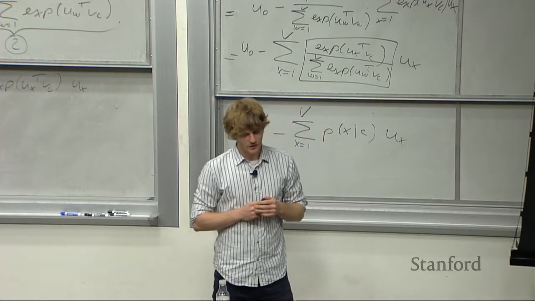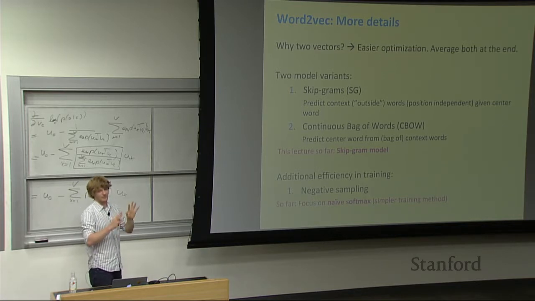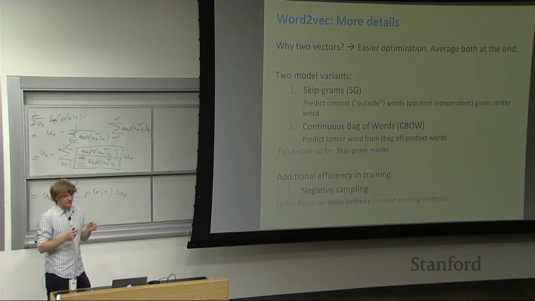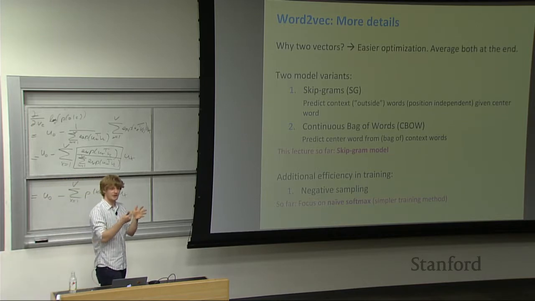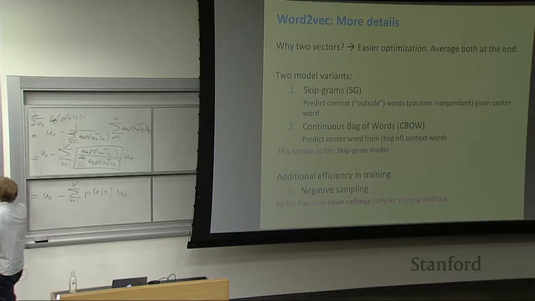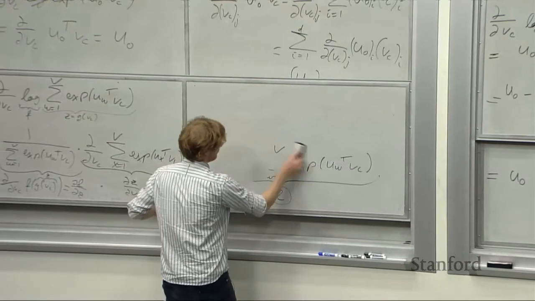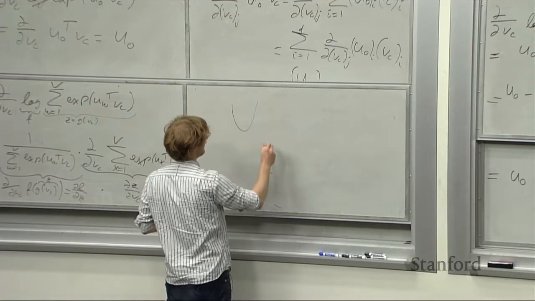OK, so far, I've told you this whole thing that we have these 2 vectors. It turns out that's just an easier optimization problem. If you have a quadratic function in the exponent, versus a bilinear type function, you get much sharper valleys. So intuitively, when you have a lot of quadratic things, you might look more like this.